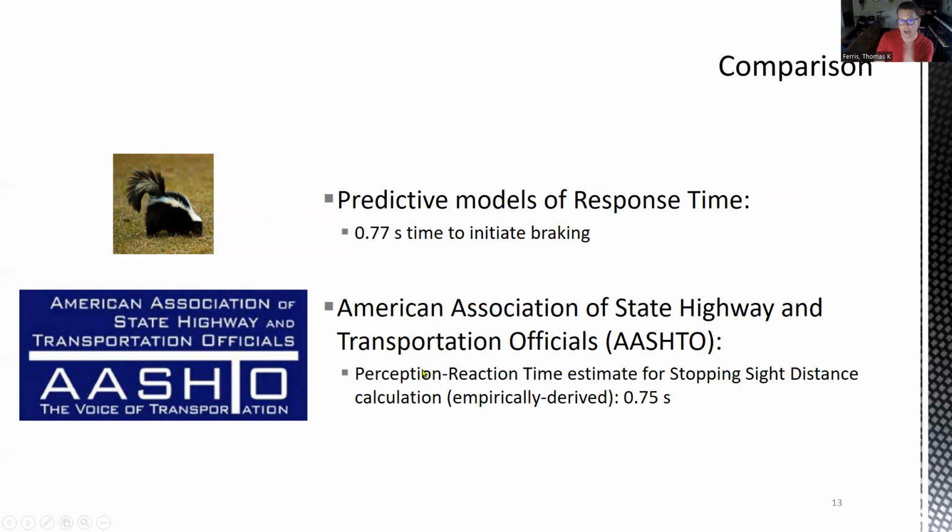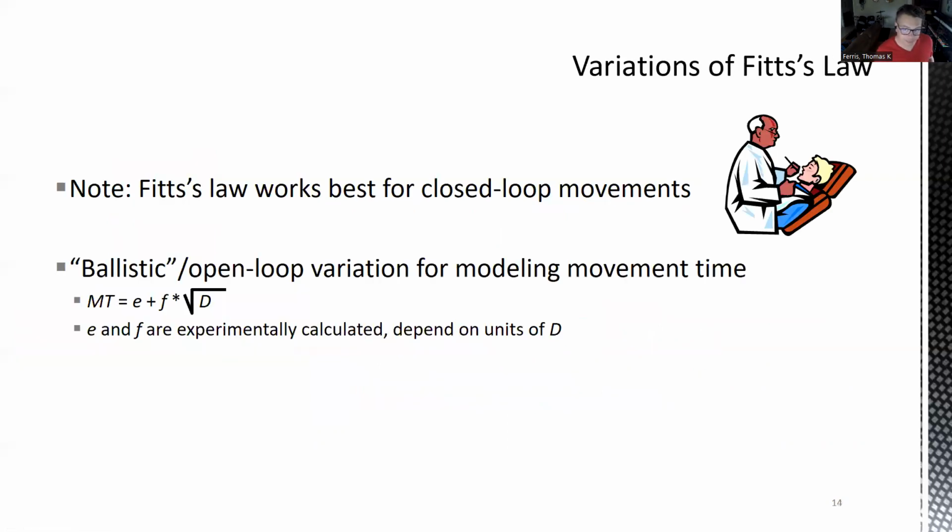And their model estimates the amount of time that it takes between seeing something and deciding what you're going to do and initiating that response, or the perception reaction time, as they call it, is 0.75 seconds. So very similar to what we just calculated with our predictive models using Hick-Hyman and Fitts's law.